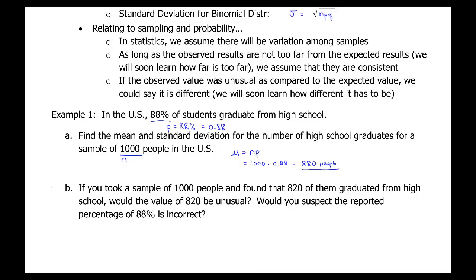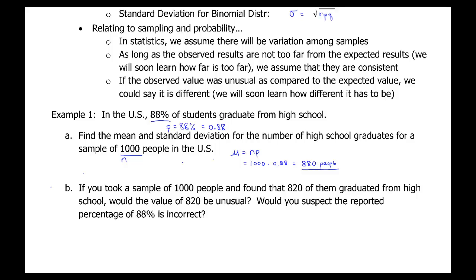So that would be the mean number of people, or expected number of people out of 1,000 that have graduated from high school.